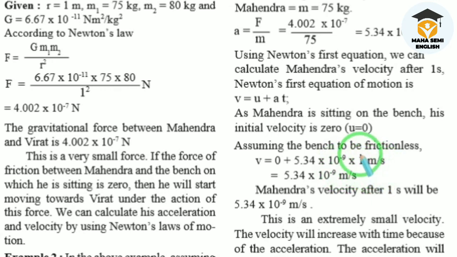Here 1 is the given time t, the time given in the example. So by solving this, we get 5.34 into 10 raised to minus 9 meter per second. So Mahendra's velocity after 1 second will be 5.34 into 10 raised to minus 9 meter per second.